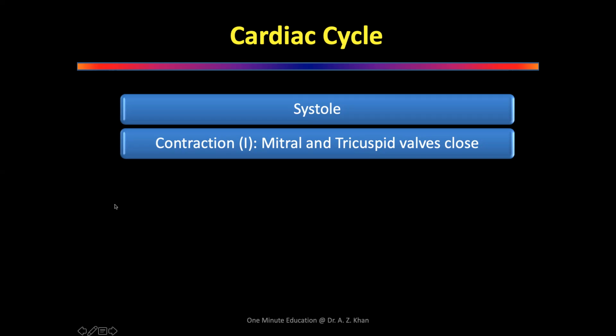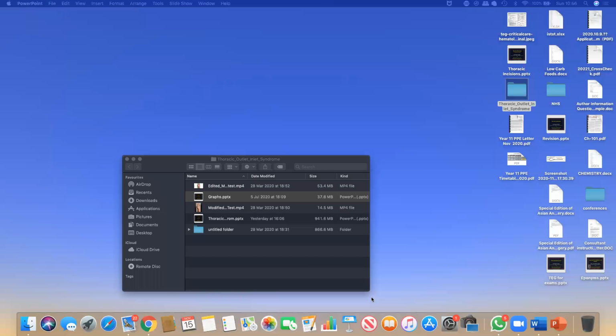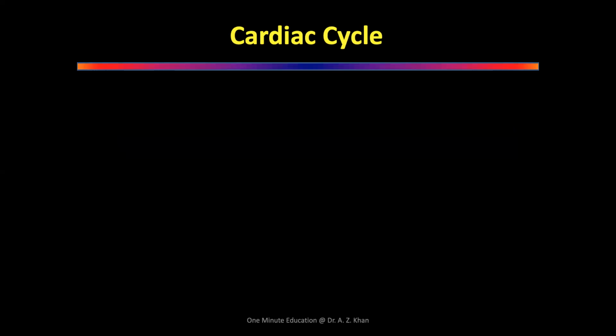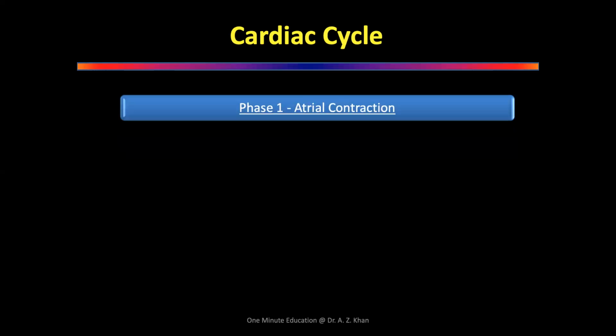So we'll start with atrial contraction, sir. Atrial contraction happens in late diastole. Wait, one minute. I'll go back to the phases. I think you're getting confused because I didn't talk about phases first. Phase 1 is atrial contraction.